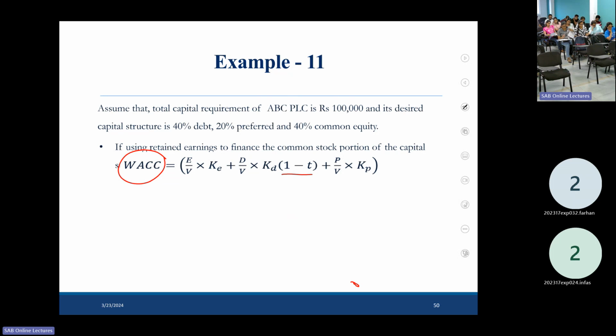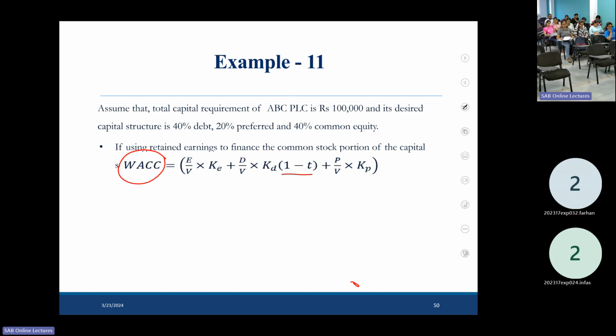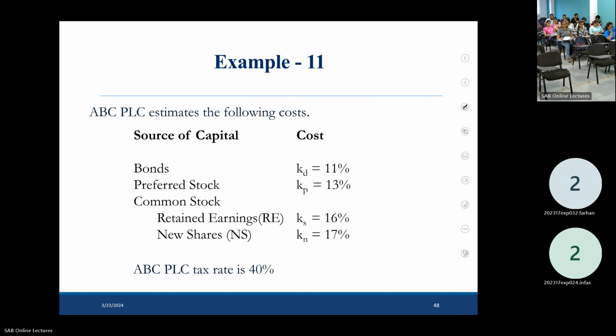So weighted average cost of capital is equal. You have to use this information, right? 11%, 13, and 16. Tax rate is 40.